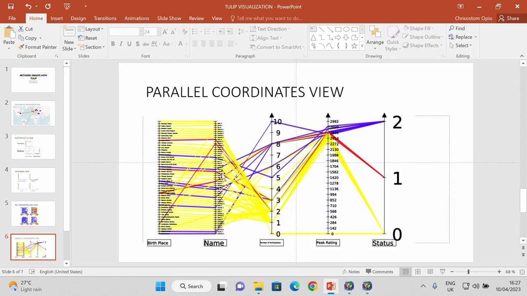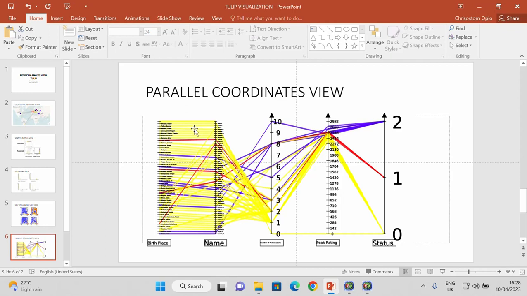Then we also have the parallel coordinates view. It shows you now. This one clearly brings out the relationship between all the parameters that you've used in the data set. You'll see the birthplace, the name, the number of participants, peak rating, and status.